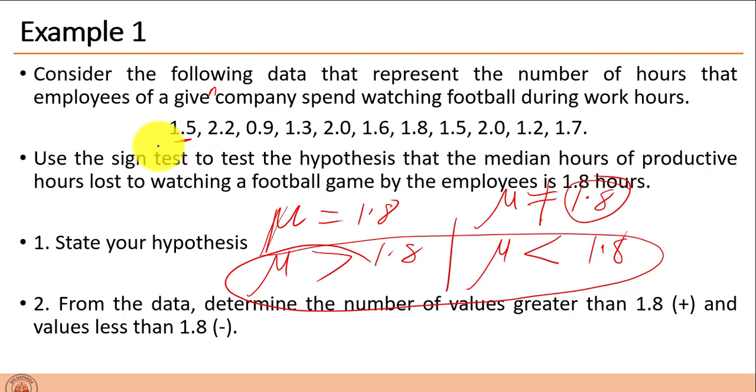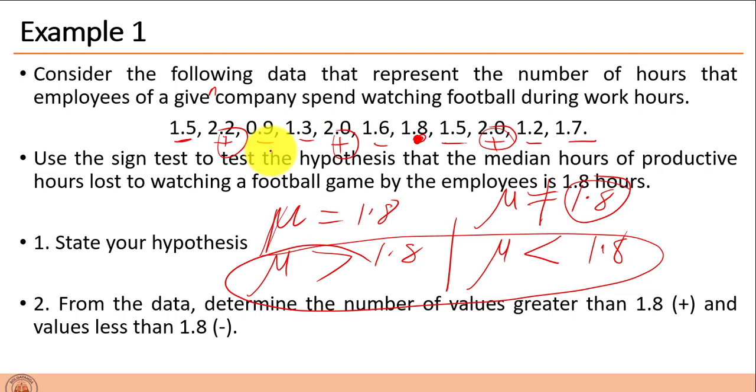So this would be minus because it's less than 1.8. This is more than 1.8, less than, more than, less than, equal to. So we don't do anything to this one. This is less than, this is greater than, this is less than, and this is less than. So we have 1, 2, 3 positive values, and then we have 1, 2, 3, 4, 5, 6, 7 negative numbers.